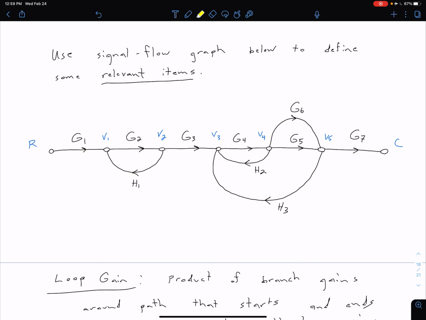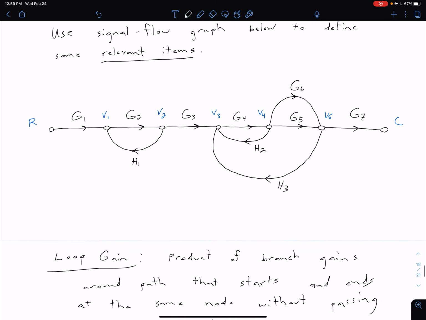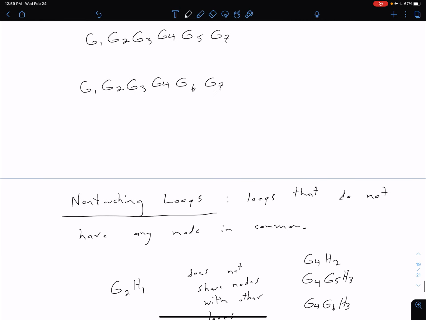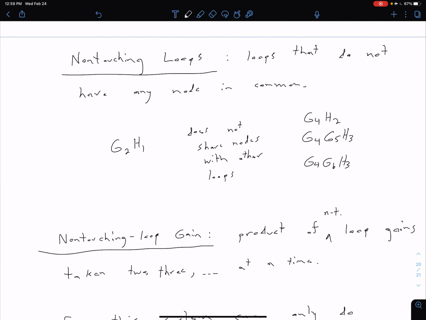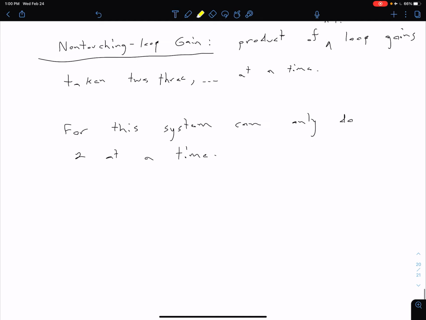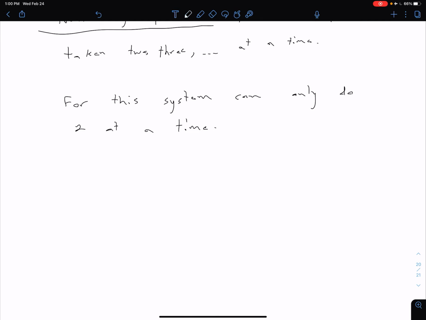When we work some examples, I think this is going to be a little more clear. As we said, L1 doesn't touch the other 3, so taking 2 at a time, we're going to have the product of L1 and L3, and L1 and L4.